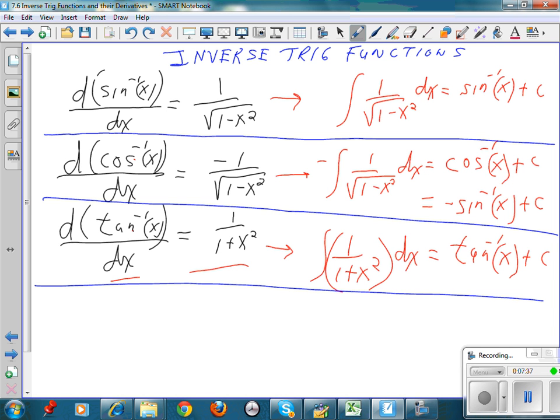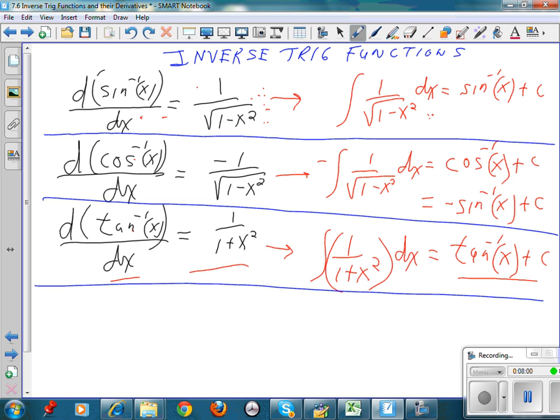Well, there's a complementary antiderivative thing. The integral of 1 over 1 plus x squared is going to be equal to the inverse tangent. The inverse sine, the derivative of that is 1 over the square root of 1 minus x squared. Again, I don't have to read that, but just look at this. And then the antiderivative is that.